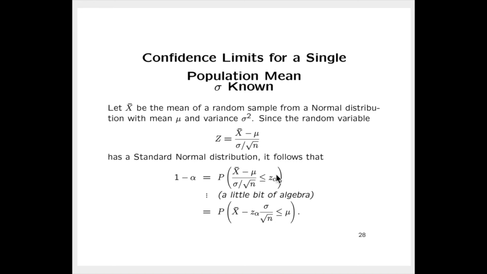So what we're doing is rewriting the stuff inside the parentheses and getting mu on the side by itself. And because those events are equivalent, they have the same probability. So the probability of getting a sample for which the mean x bar minus this quantity is less than or equal to mu is 1 minus alpha.